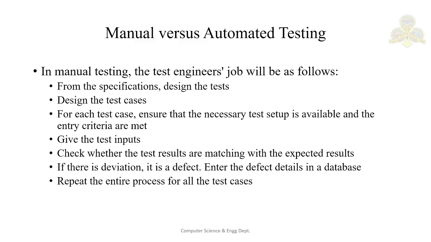So there is a lot of repetitive and unproductive work that can be easily automated using software testing tools. Nowadays a lot of commercial and open source tools are available, so those can be used for carrying out your functional and performance testing.